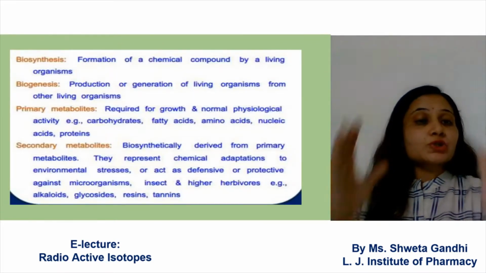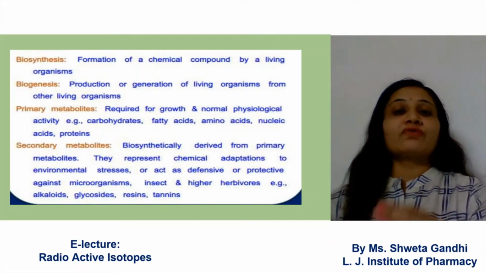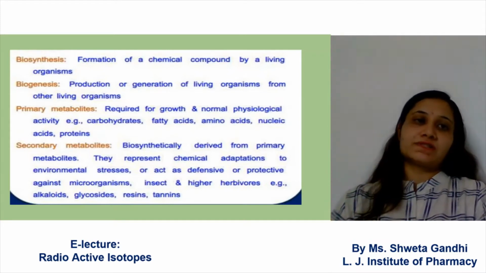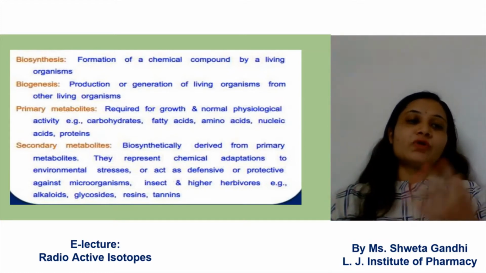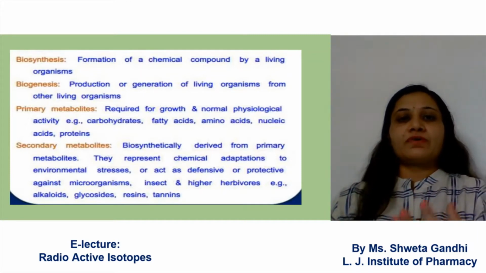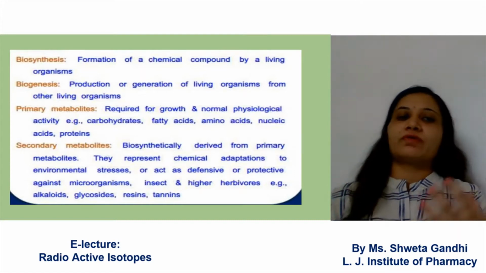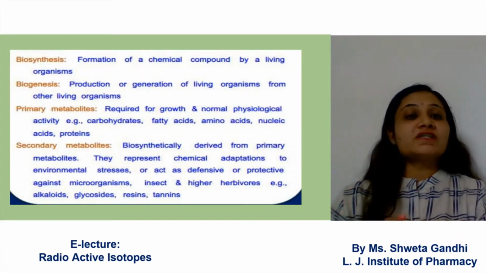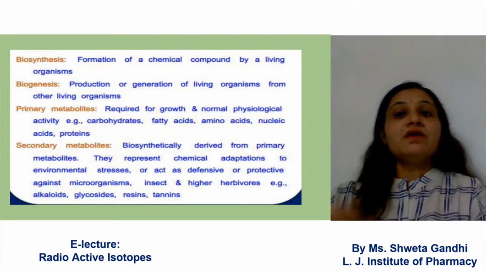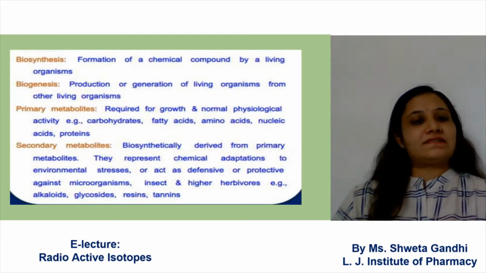First, you should be clear about the terminologies used in these radioactive technologies. Biosynthesis: what do you mean by biosynthesis? Formation of a chemical compound. When we form a chemical compound, this synthesis of a compound is known as biosynthesis. What is biogenesis? Production or generation of a living organism from another is biogenesis.